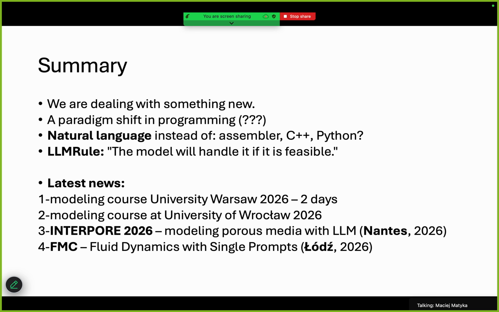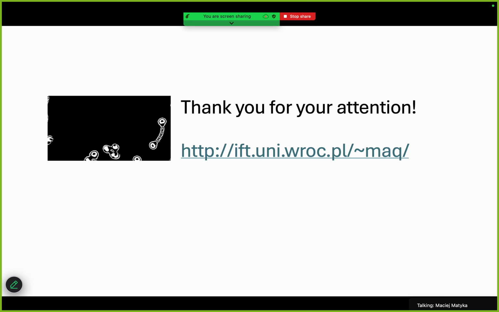I also want to incorporate those things into the modeling course that I give here in Wrocław, because I also teach students here, and I'm pretty sure they will be interested. And if someone comes to Nantes in 2026, I am thinking of a poster for modeling porous media with LLM to show this tortuosity stuff there. And I'm also thinking of the fluid dynamics conference in Łódź. This will be more about the fluid dynamics stuff.